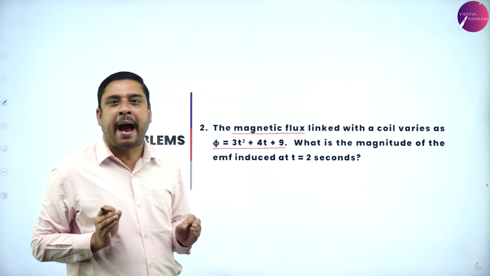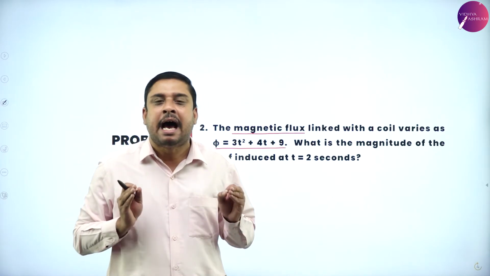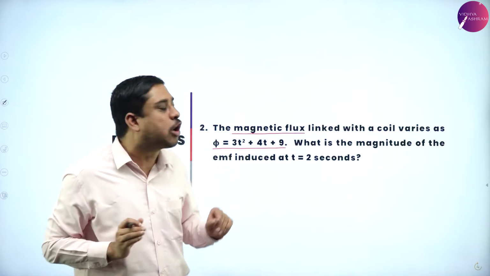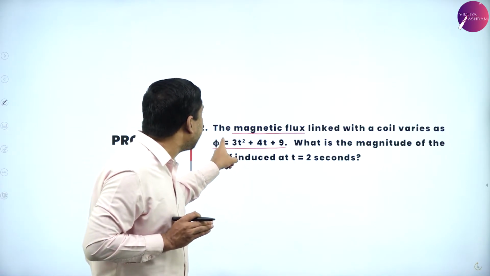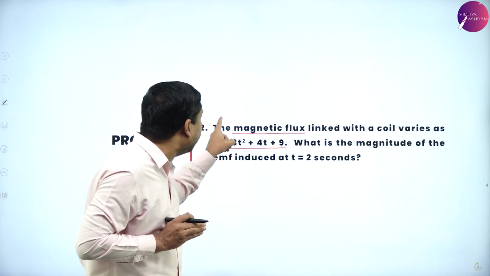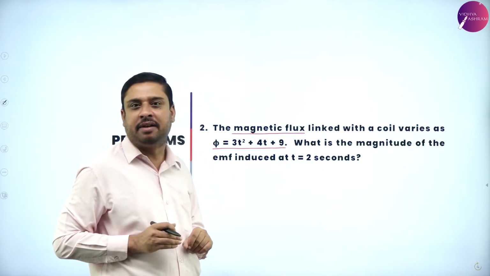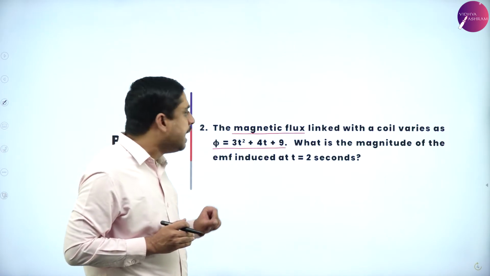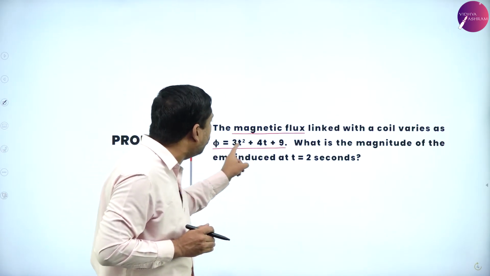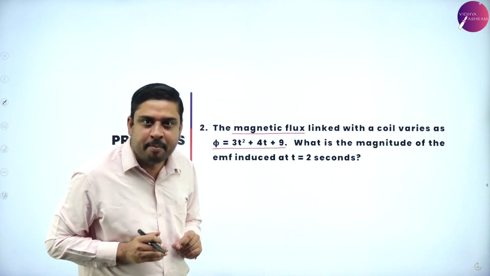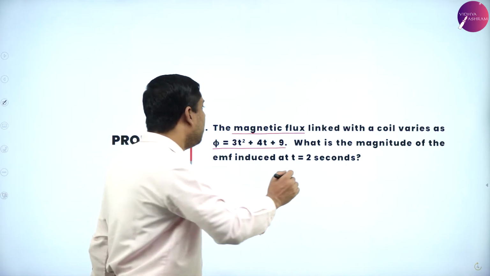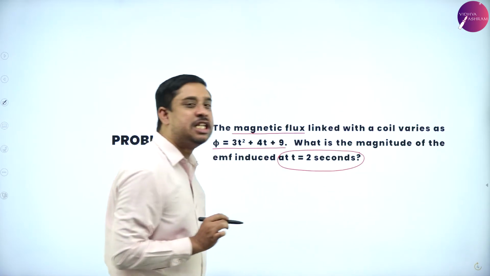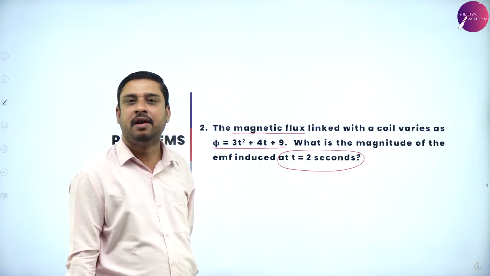So the magnetic flux linked with the coil is changing according to this equation. What is the magnitude of the EMF induced when time t equals 2 seconds?